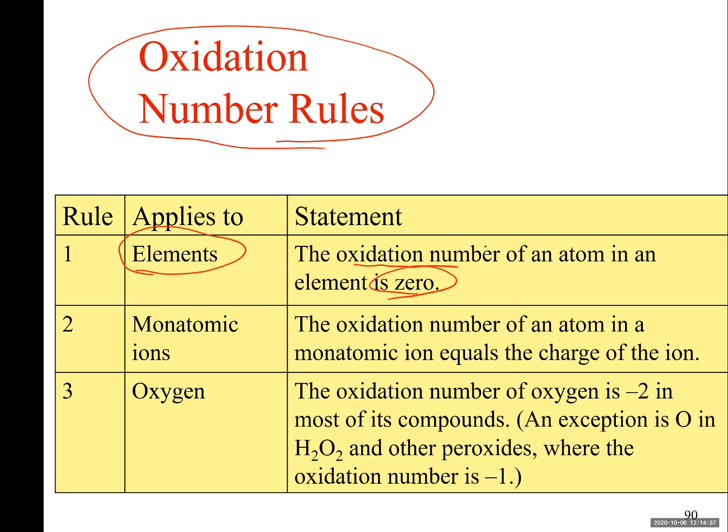Let's say oxidation number is really charge. If I say zinc plus 2, the oxidation number of zinc is plus 2. If I say zinc metal, this doesn't have a charge, so the oxidation number is 0. So oxidation number, in a way, is the charge on the metals.